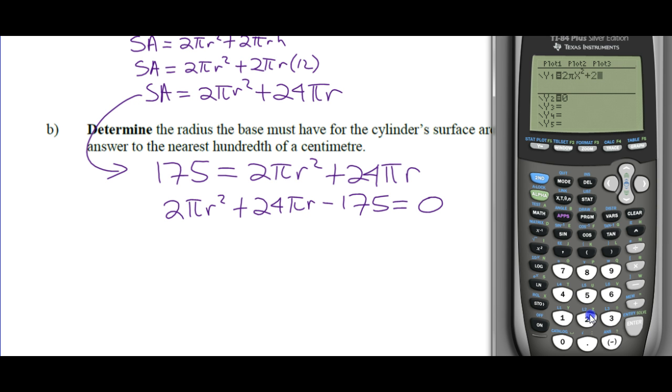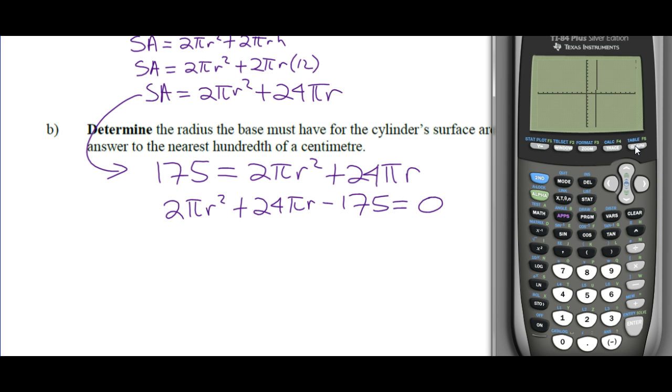Plus 24 pi x, right? Now your calculator is going to multiply. If it sees 24 and then pi next to it, it knows to multiply. Minus 175, and y2 is 0, right? So looking for intercepts. And let's graph that and see what we see, if anything.